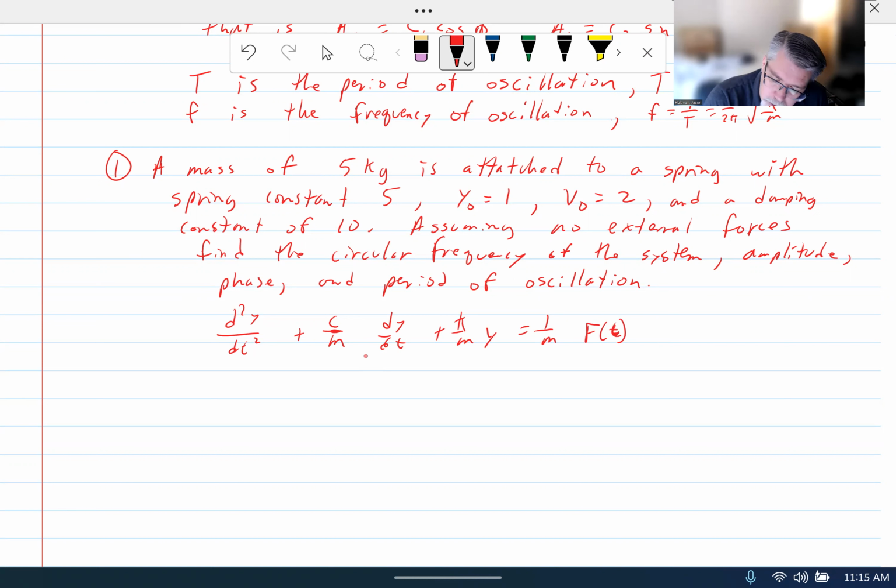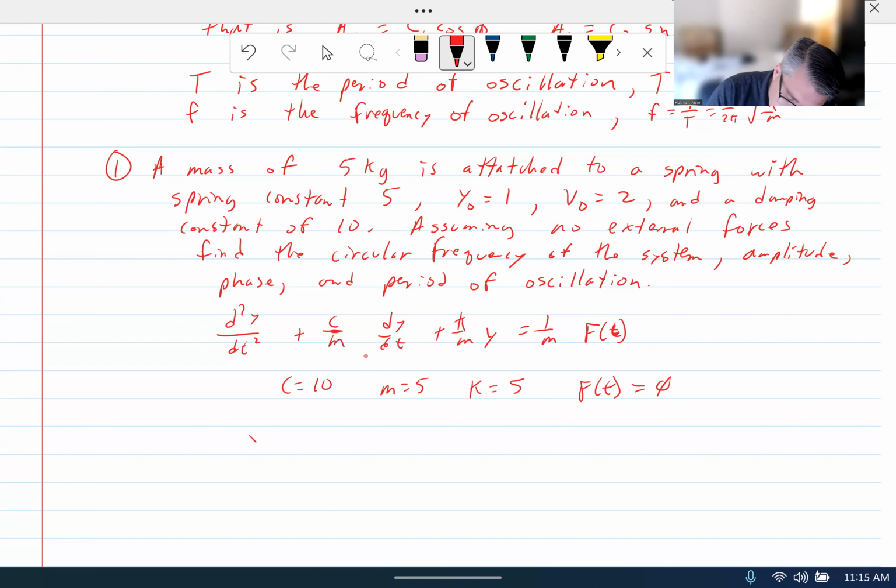So let's list out what we know. We know that c is equal to 10, m is equal to 5 kilograms, and k is equal to 5, right? And f of t, the external force, is equal to 0.